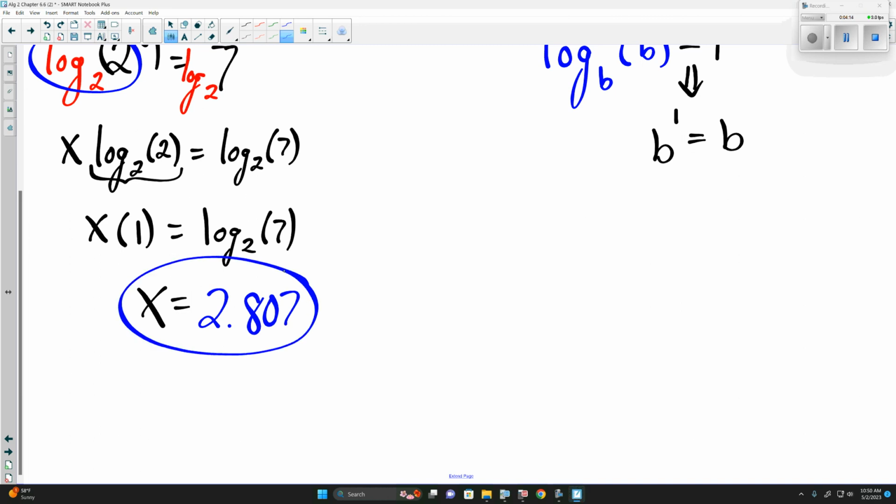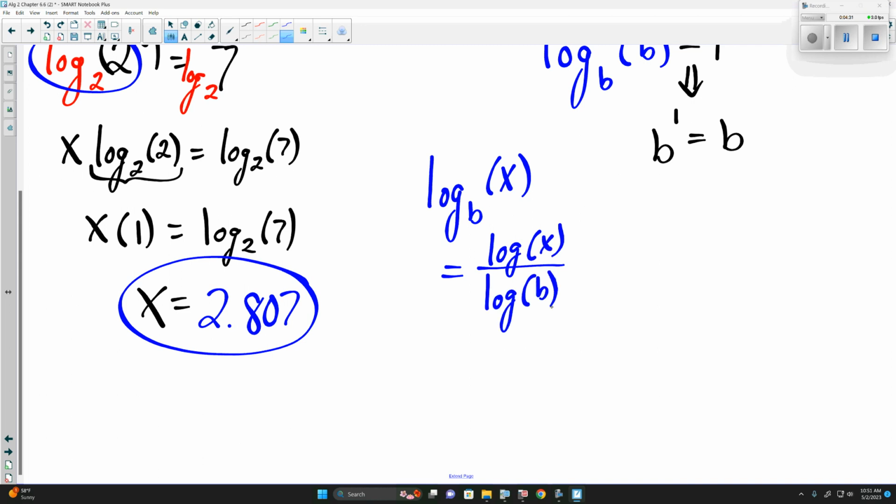The other way we can do this is with our change of base, which stated that log base b of x is the same as log of x over log of b. So we change it to the common logs, base 10, and we can plug it into the other calculator.